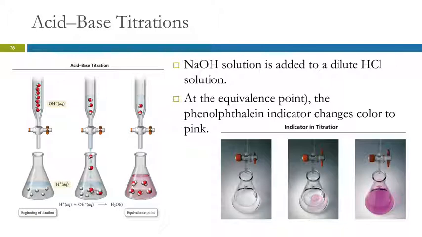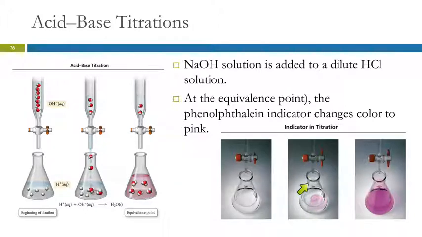Usually they're pretty close. So here we have this in pictures, our burette with sodium hydroxide in it, our flask here with hydrochloric acid. They both look like water. We're going to add the sodium hydroxide. As we are adding it and this acid begins to get neutralized, we'll start to see a little bit of pink color forming right where the sodium hydroxide is coming in. And we see it there because it hasn't mixed completely.